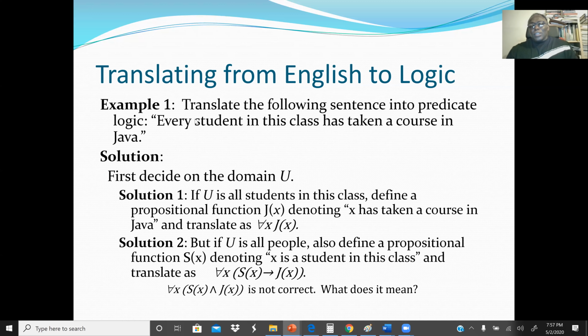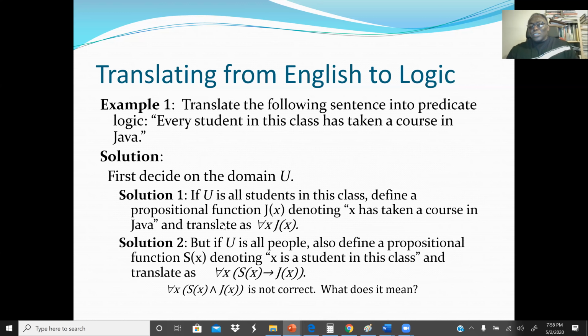So let's decide. Again, this question, we have two answers. The question said we should translate the English sentences to a propositional logic expression. So here we said, okay, if U is all students in this class, basically every student in this class has taken a course in Java, U represents all students in this class, we are going to define propositional function J(x). J(x) denoting x has taken a course in Java.